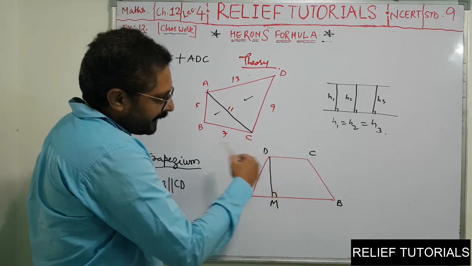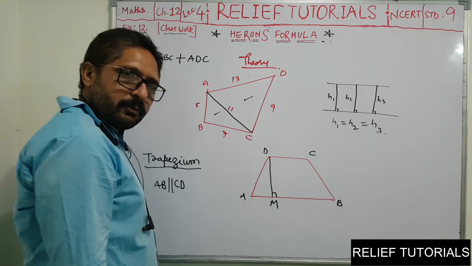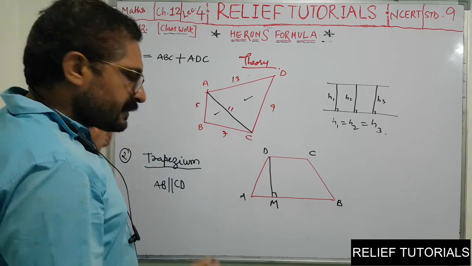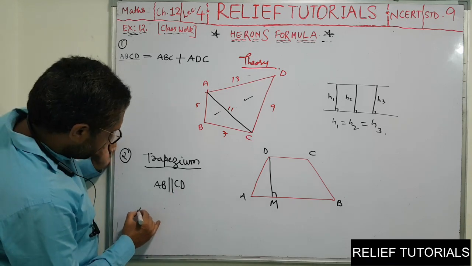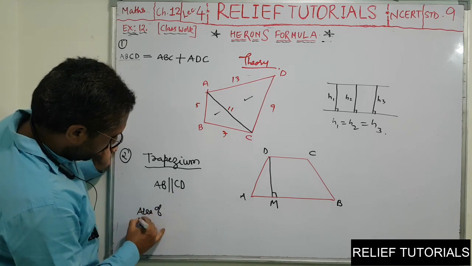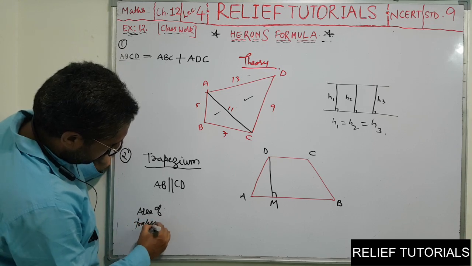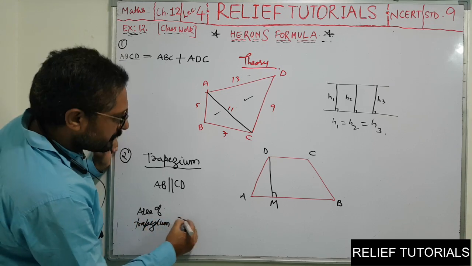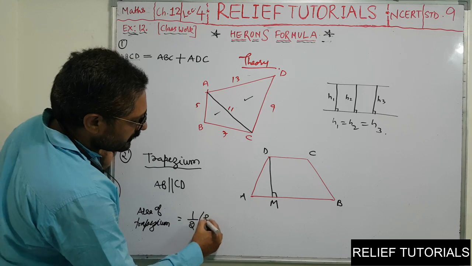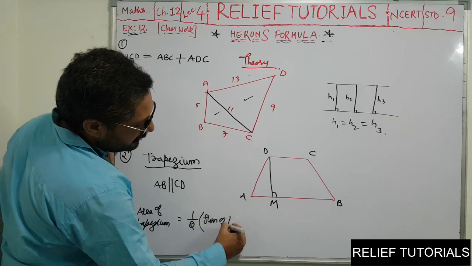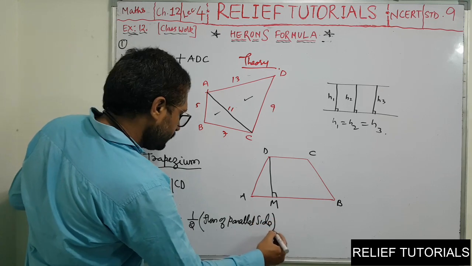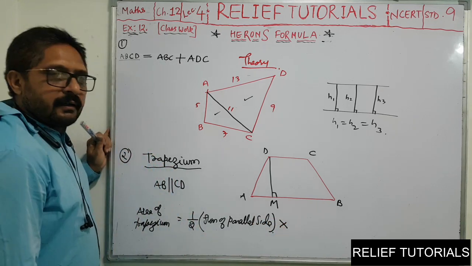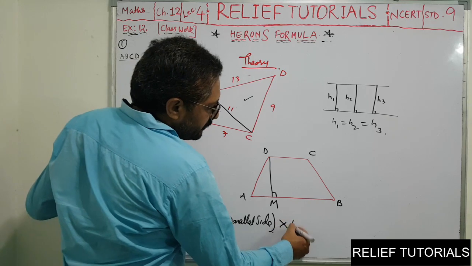And if I want to find the area of this trapezium, we have one formula, as we already discussed in area of parallelogram and triangle. So the area of trapezium is equal to half into the sum of parallel sides into altitude.